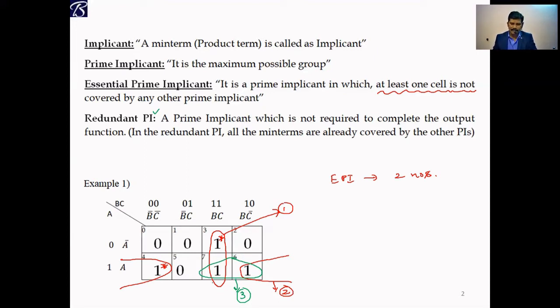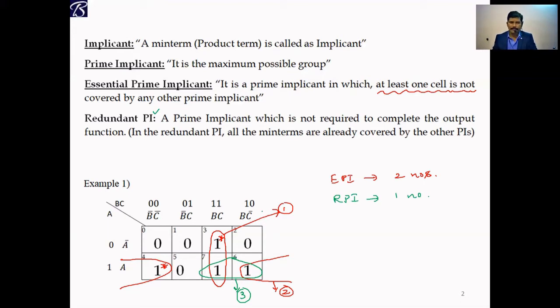So this third group is not required, which is called a redundant PI. We can say that these ones, 6 and 7, are already covered by other groups. So there is one redundant prime implicant. A redundant prime implicant is one not required to complete the output function, meaning its minterms are already covered by other PIs.